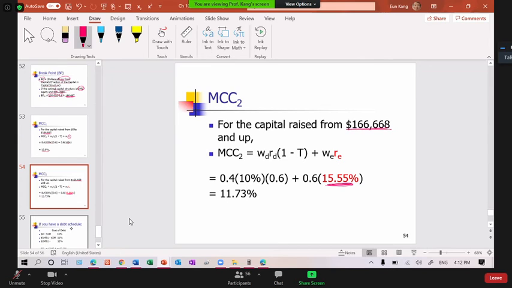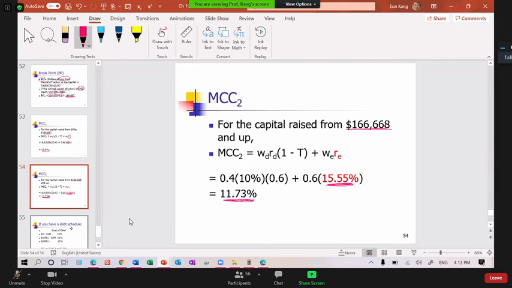So your cost of capital goes up to 11.73%. That is the marginal cost of capital. Marginal means the cost of capital changes according to how much capital you raise, right? But this one is limited because we have only included equity capital.